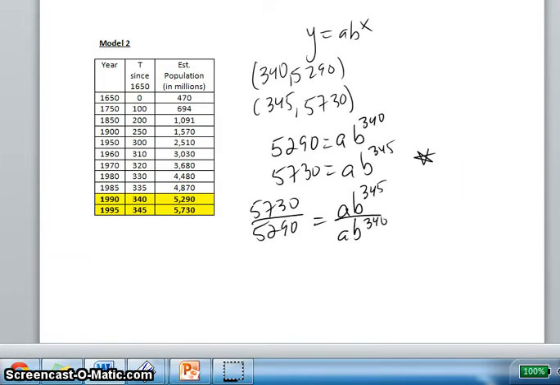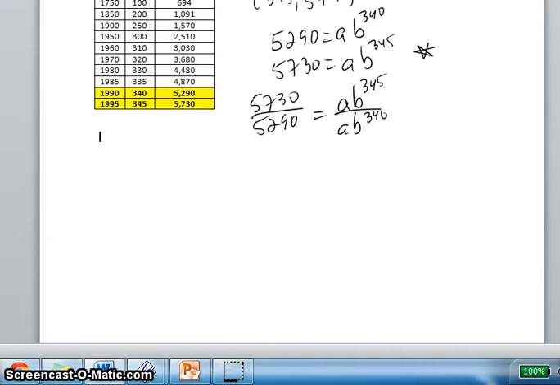That's my recommendation. It is not something that you have to do. You could do it the other way around, the reciprocal of that, and you would still get the right answer. It just takes a few more steps. On the left side of the equation, the a's cancel out, so you're left with b to the 345th power over b to the 340th power in the denominator.